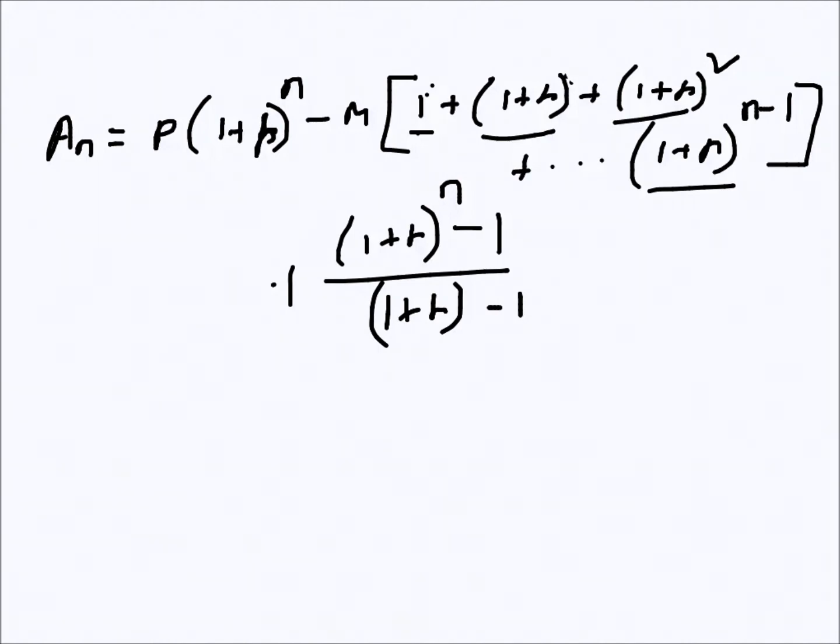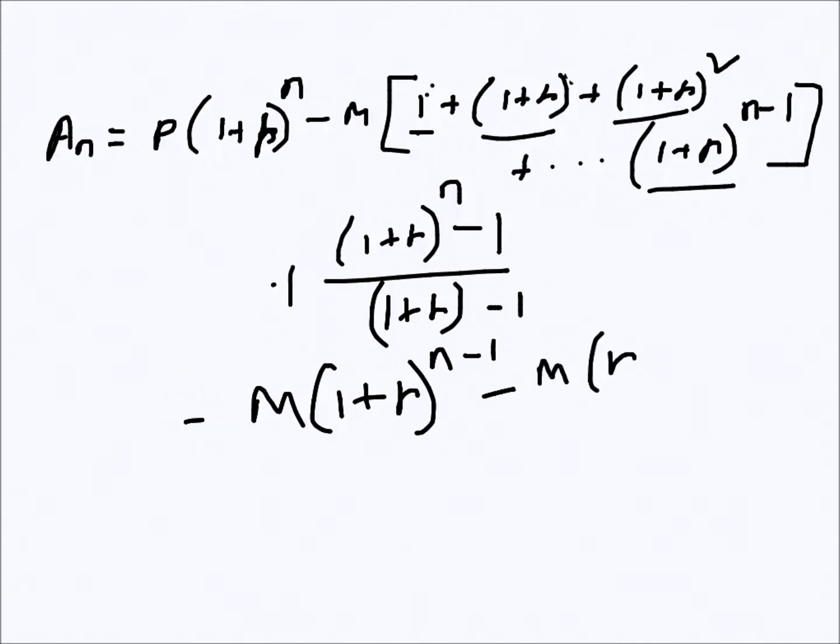Also, this expression came by writing the original expression the other way around. I have erased that part, but it had the initial M term, and all of them were 1 plus r to the power n minus 2, like that, going up to M. So it's just written the other way around.